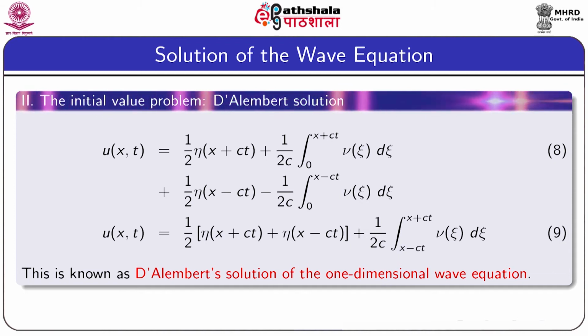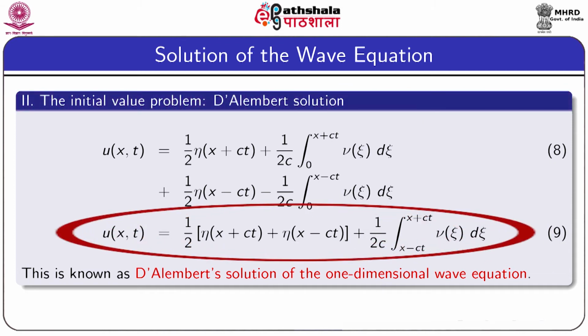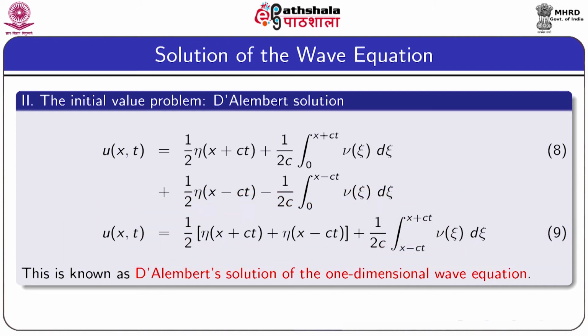After simplification it can be written as u = half [eta(x + ct) + eta(x - ct)] plus 1/2c integration from x - ct to x + ct of nu(xi) d xi. The solution written in equation number 9 is known as D'Alembert's solution of the one-dimensional wave equation.